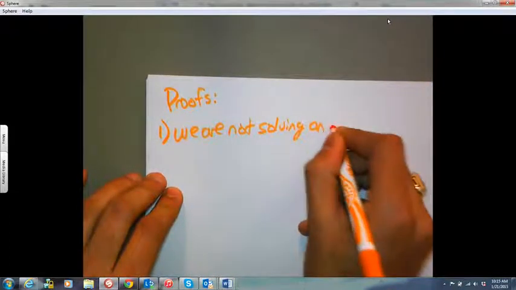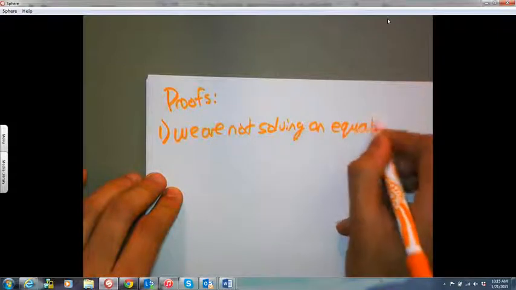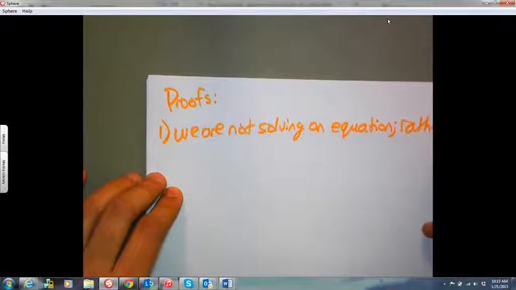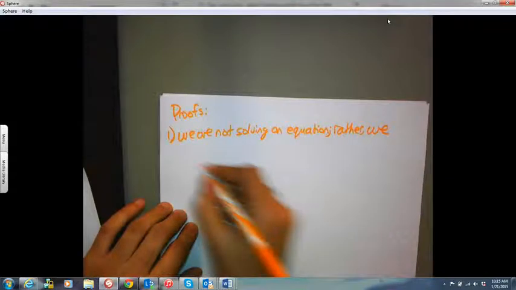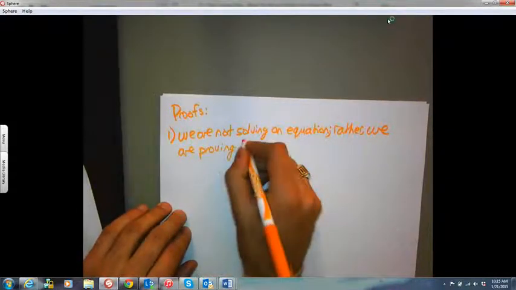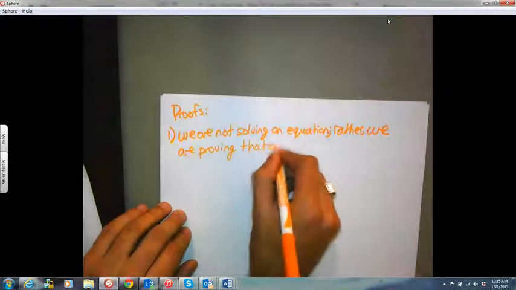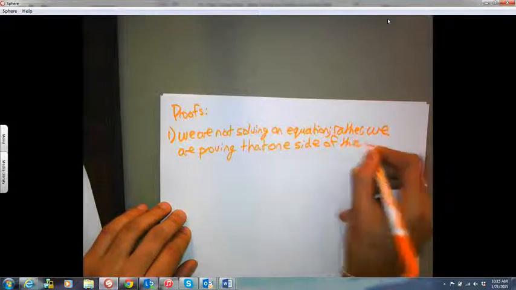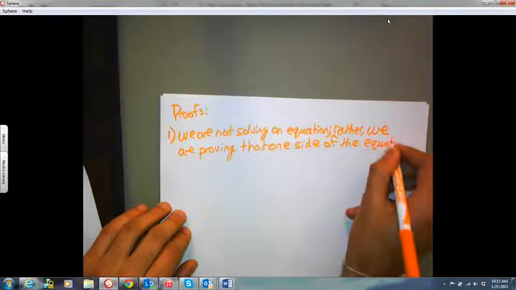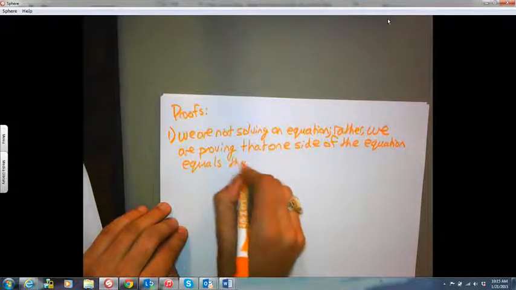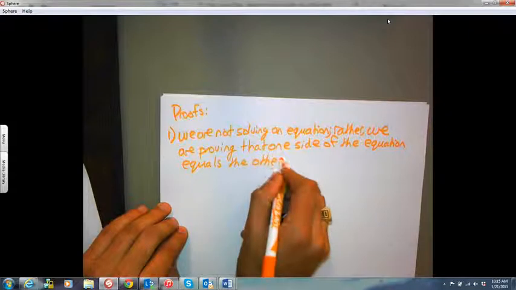Rather, we are proving that one side of the equation equals the other. Let's get these notes down, then with an example everything will become clear.